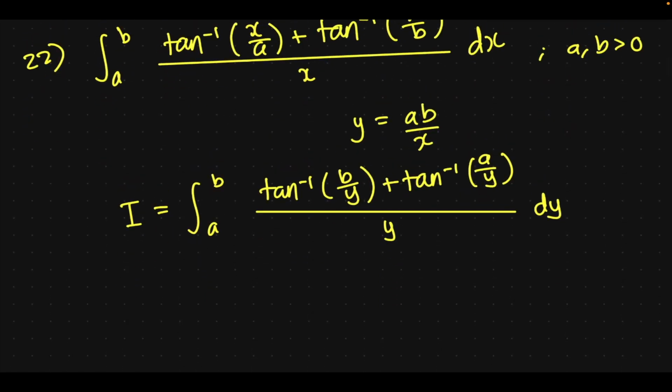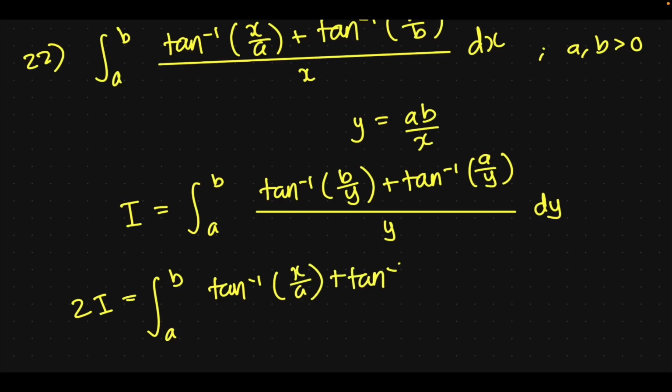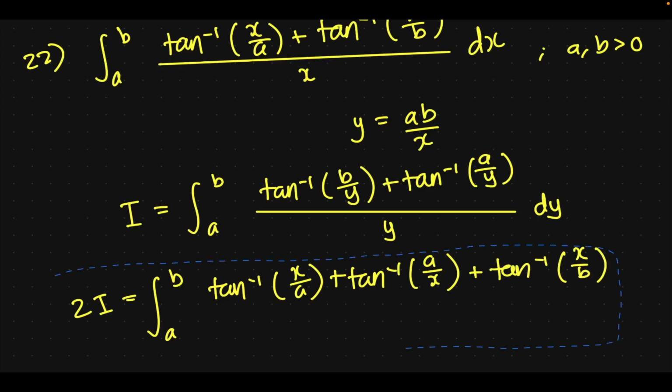And then we add both these integrals together, the one before and the one after. We can change the y back to an x because it's a definite integral. So we have inverse tan x over a, tan inverse a over x, tan inverse x over b. And I really need that extra space.